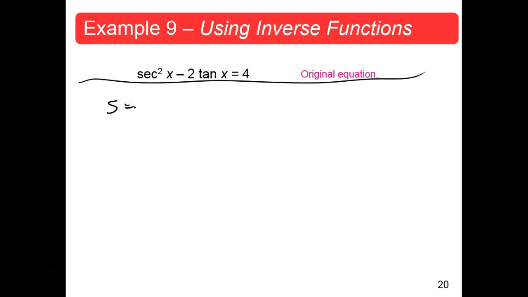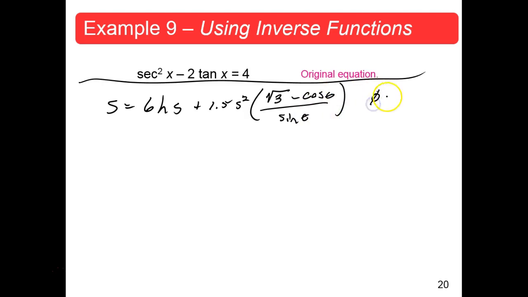This is the surface area of a honeycomb cell: 6HS, and I wish they showed the picture because I sure am not going to draw it, but I'll hold the book up for you to see it, plus 1.5 S squared times, this is the squirrely part, the square root of 3 minus cosine theta, divided by sine theta, and that's good for 0 degrees less than theta less than or equal to 90 degrees.